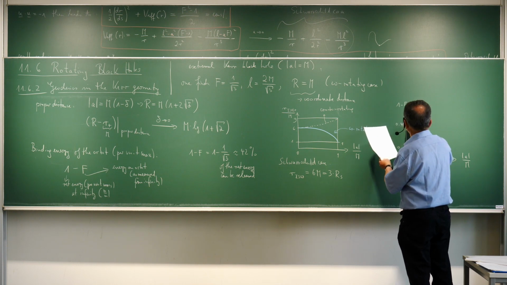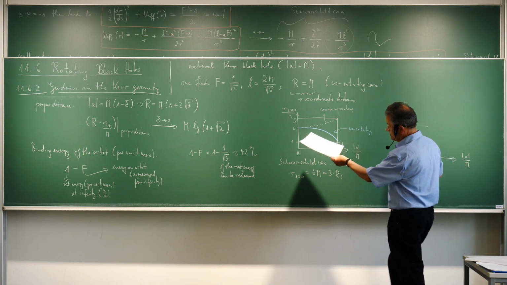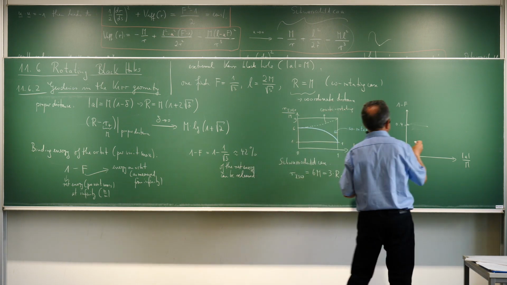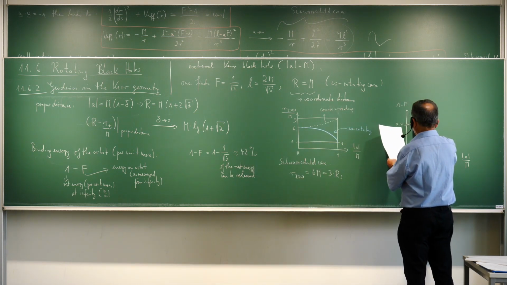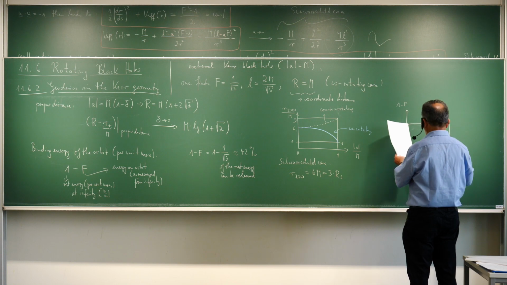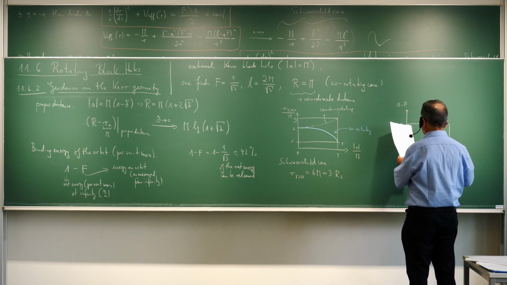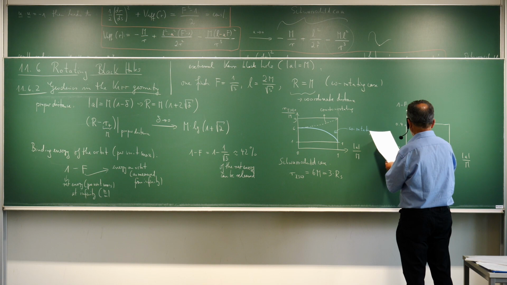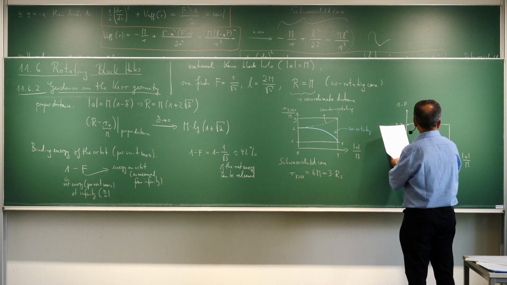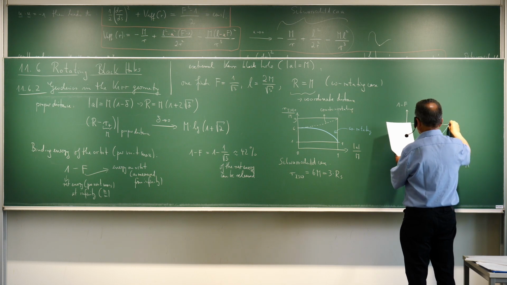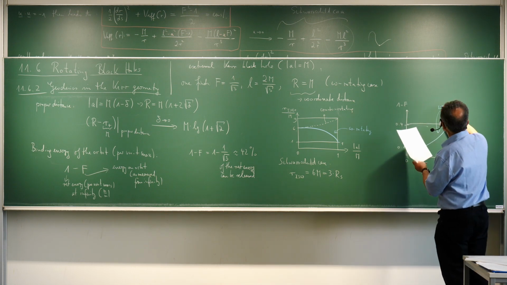Well, it's a bit more, we have seen the maximum is 0.42, so we have here 1. So here we have roughly that curve for the co-rotating case.